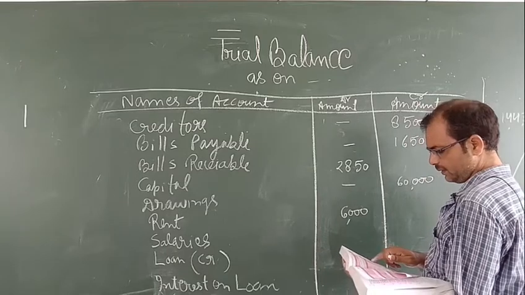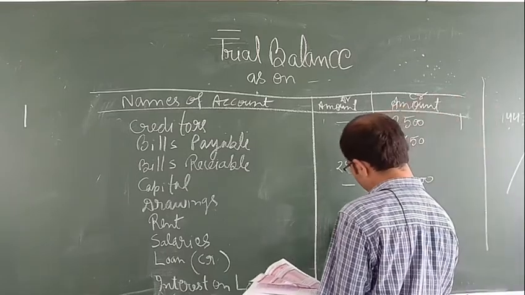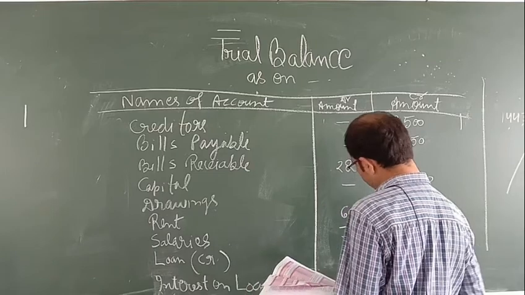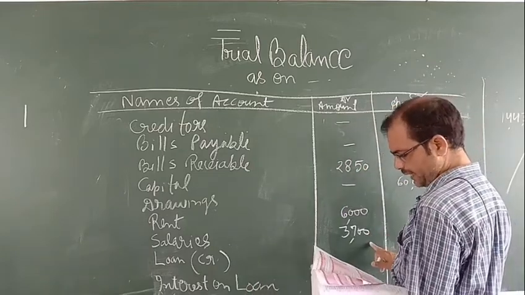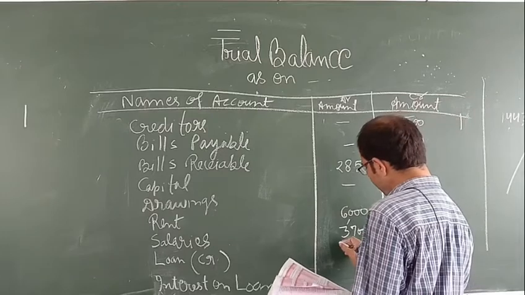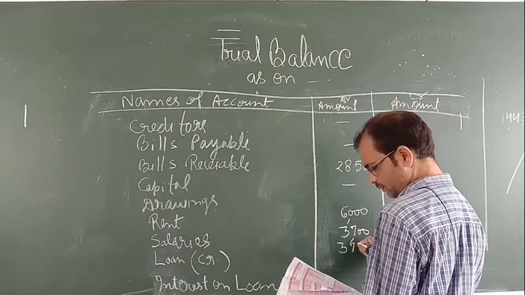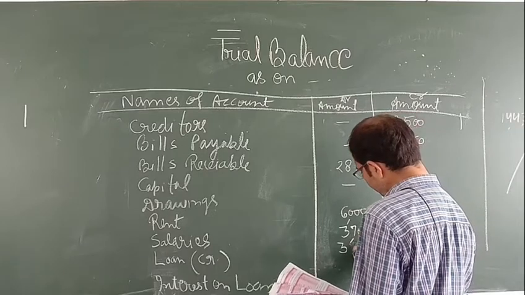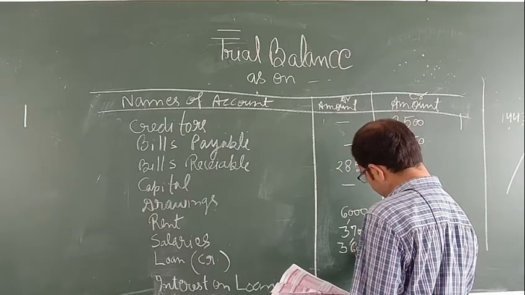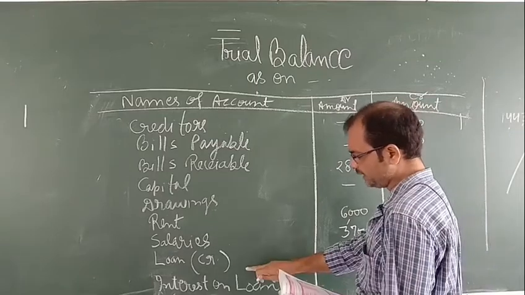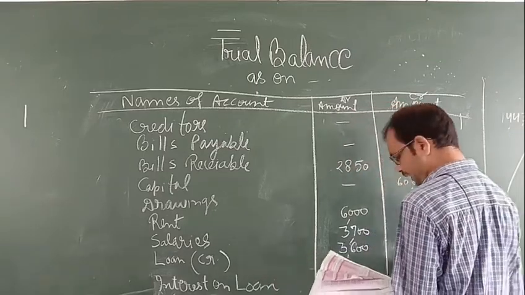Rent is also an expense, so it will come in the debit side. Salaries, we pay the salaries to our employees. The amount is given 3,600. And loan, in bracket you are seeing credit, it means it will come in the credit side.